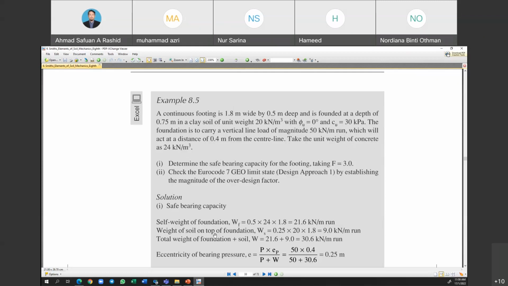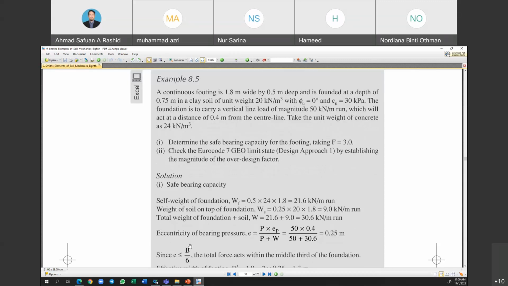Weight of the soil on top of the foundation: because the foundation has been installed at the depth of 0.75, after we subtract the thickness of the foundation 0.5, the thickness of the soil layer is 0.25. Times the unit weight 20, times the width 1.8, we obtain 9. So the total weight of the foundation and soil is 30.6.